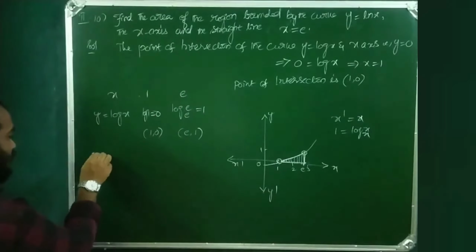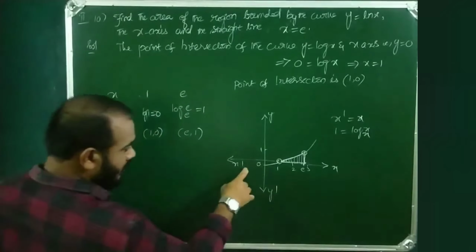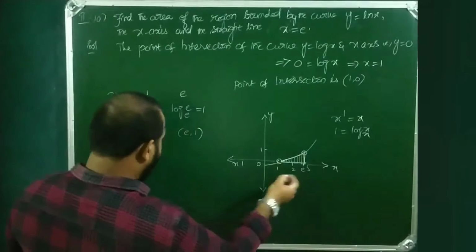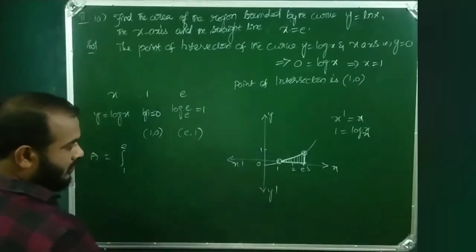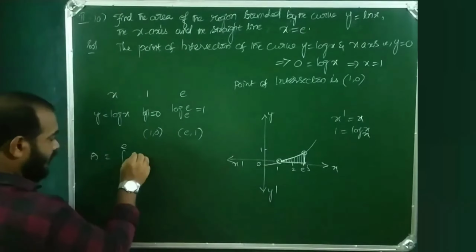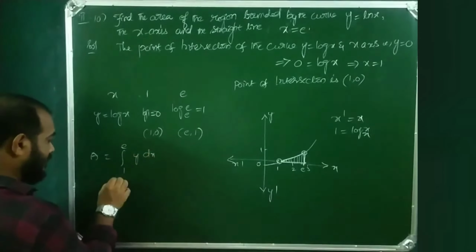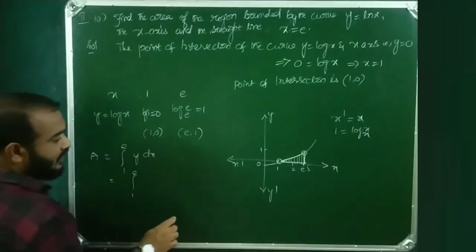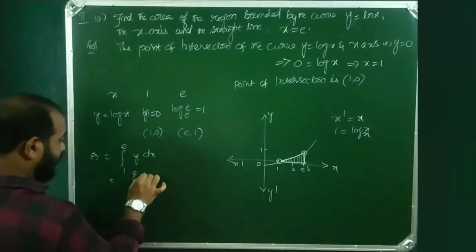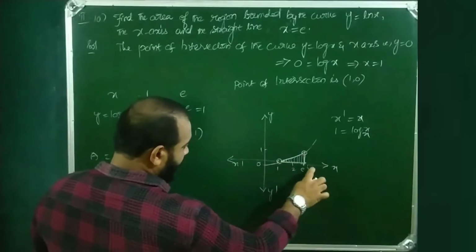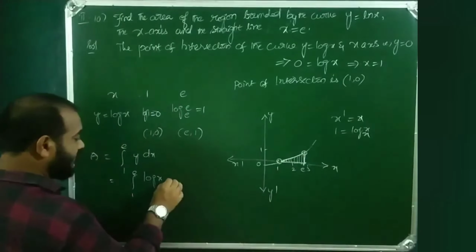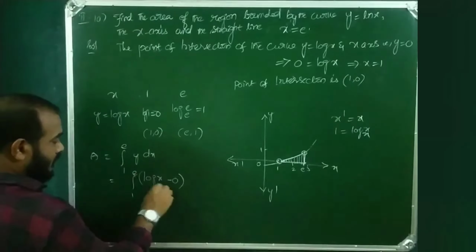So area A is equals to integral 1 to e, y dx. Y here is ln x, that is log x, that is the upper function, minus the lower curve, the x-axis, y equals 0, dx.